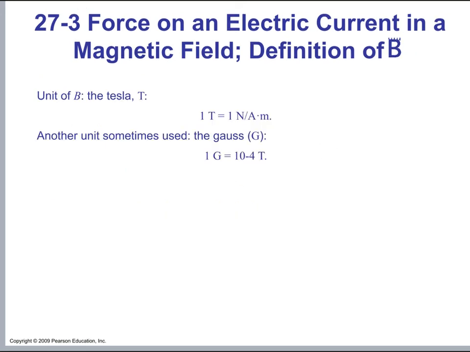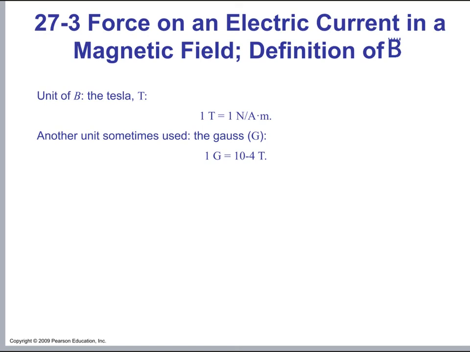The last thing that I want to mention is that the units of the magnetic field strength are in Tesla, which are generally represented by a capital T. And we'll see that a Tesla is equal to a Newton divided by an ampere. Remember, ampere is a unit of current, and times meter. So Newton over ampere meter, that is 1 Tesla.